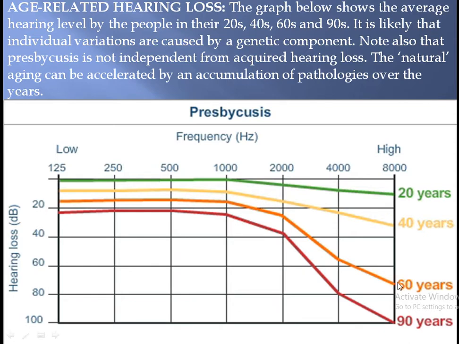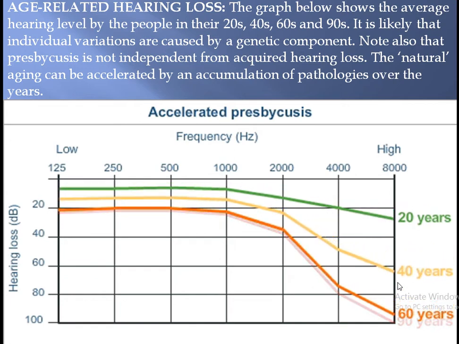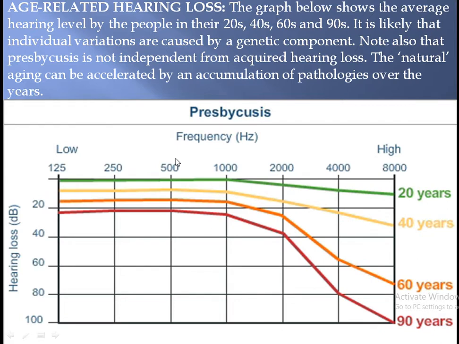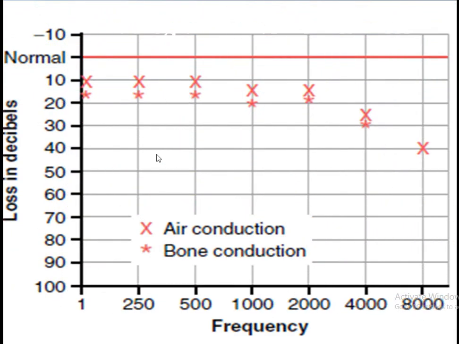The sound waves which can be easily heard at the age of 90 can now be heard at the age of 60. So this is the change shown through this graph, and this is the age related hearing loss. You can have one more graph plotted in which you can compare the air conduction and the bone conduction.